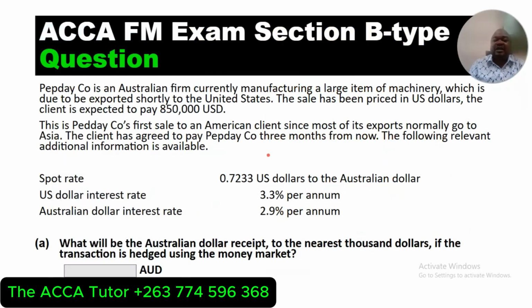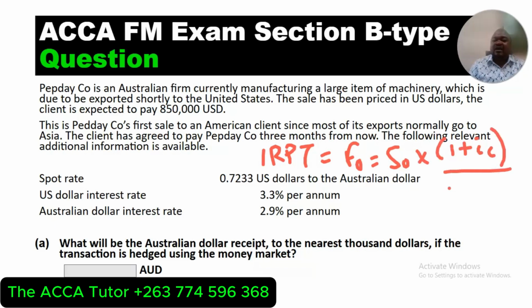The interest rate parity theory says that F0 is equal to S0 multiplied by 1 plus IC over 1 plus IB.